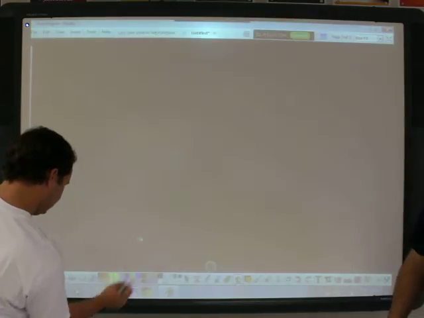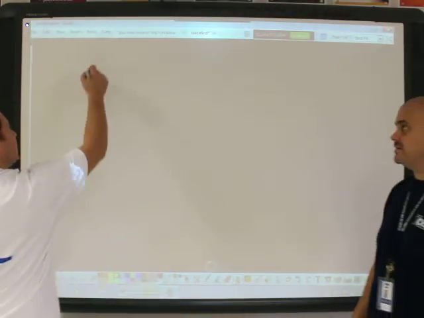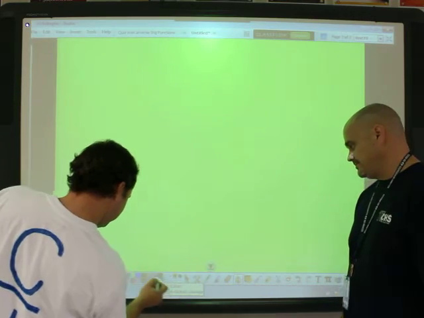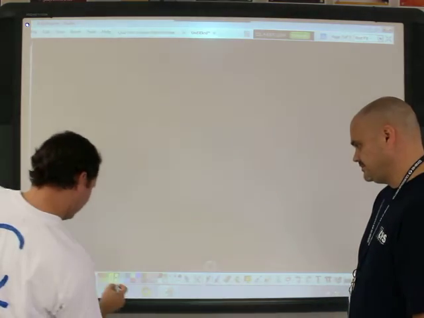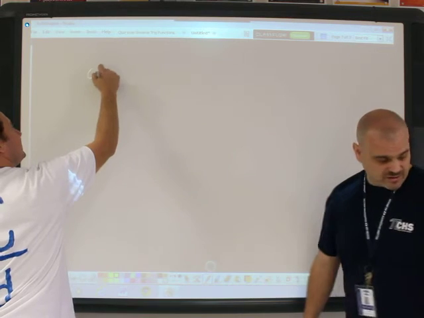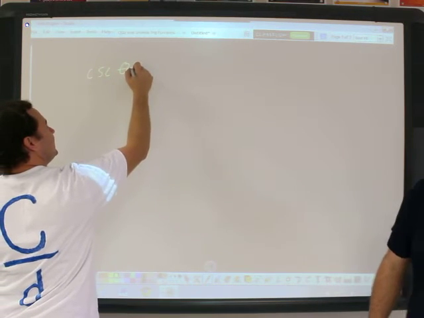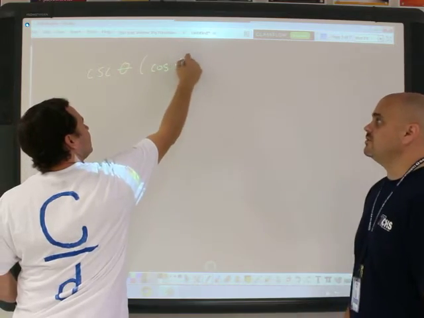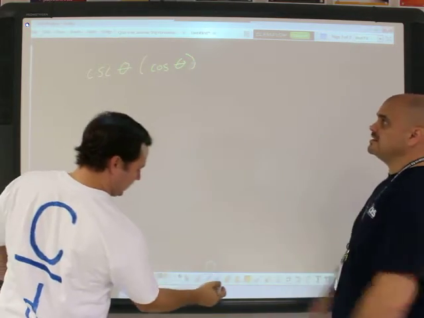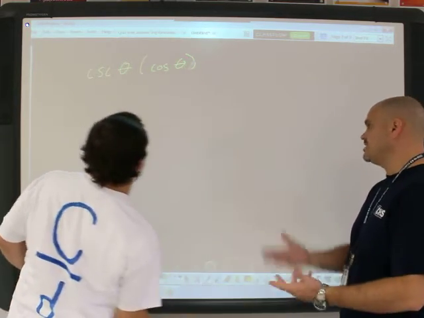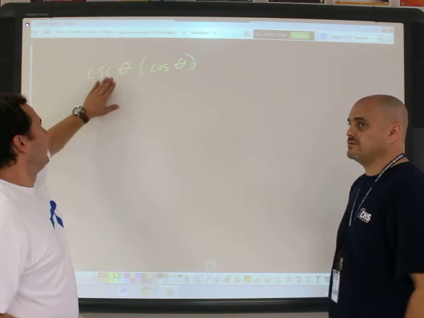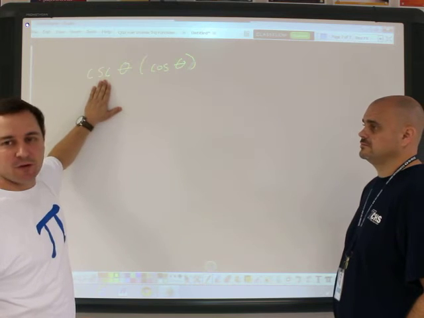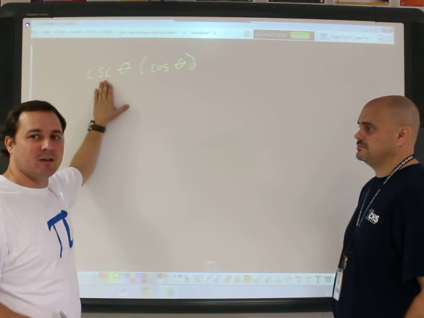Let's do cosecant of theta times cosine theta. Now, what could we do using identities to simplify this expression? Well, one thing I can do, I can express cosecant in terms of sine and cosine.